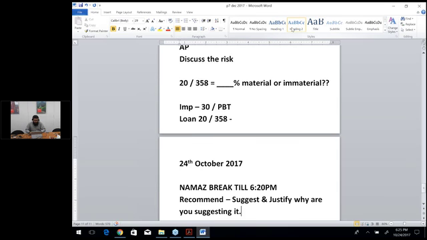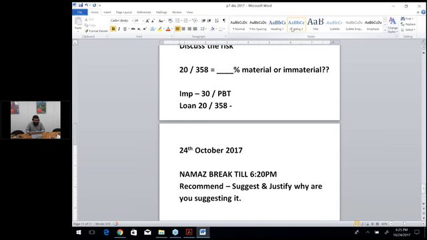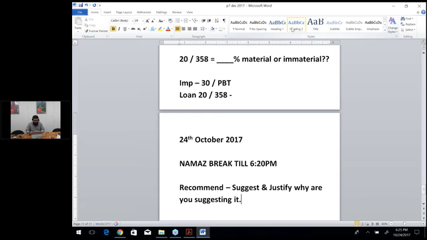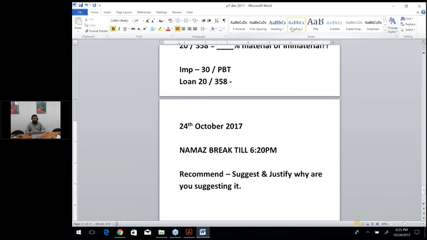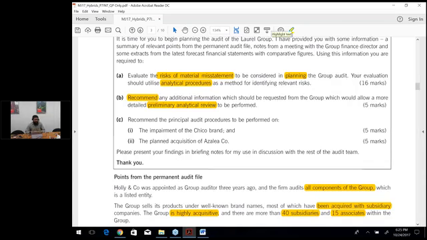A recommendation is not just about stating or listing down things. They want you to justify every single recommendation that you make. If somebody just lists down what additional information should be requested, they're going to get a maximum of 2 marks. You're going to get 5 marks only if you explain them also.